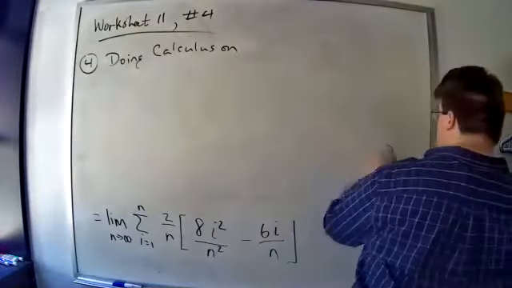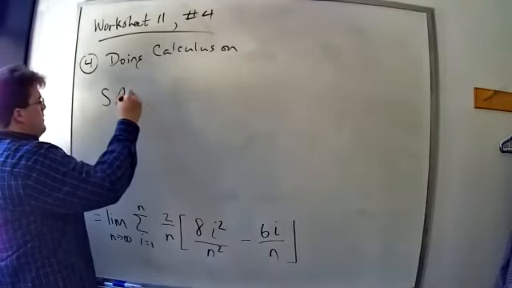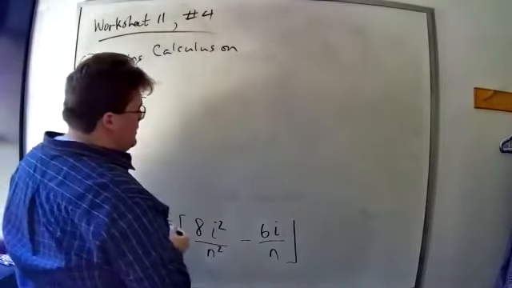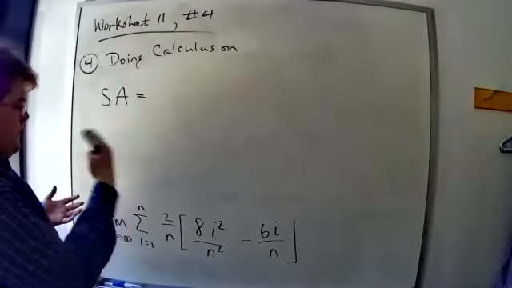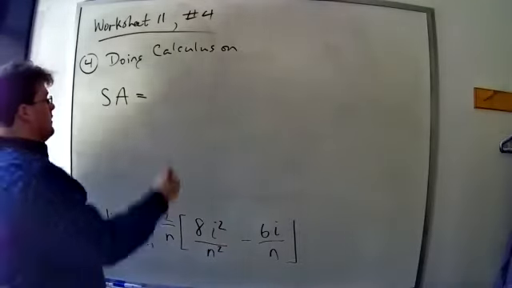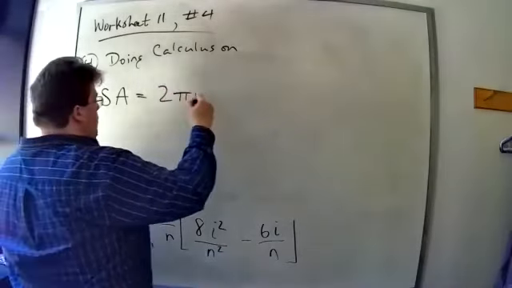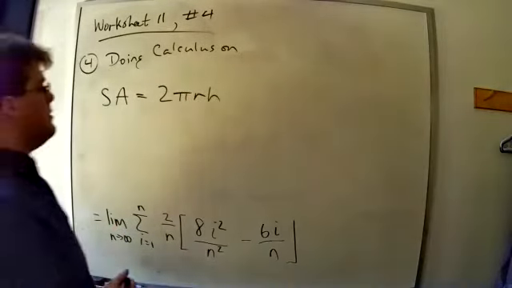The formula for surface area of a cylinder, remember, is the part going around, which turns into a rectangle, 2 pi RH, plus the area of the top and the bottom.